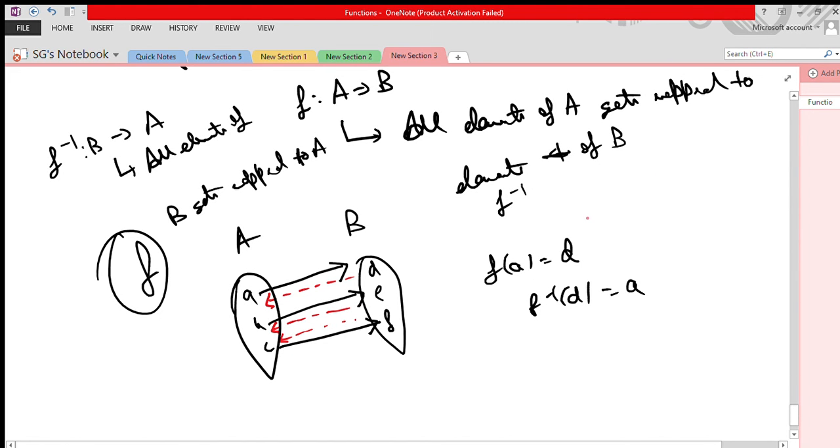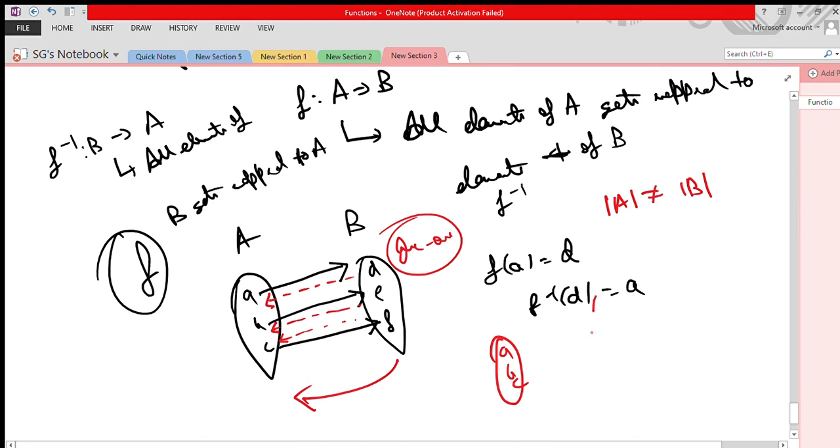Now just see from here that if the orders of the two sets were not the same, they could have been 1-1, but they could not have been onto, because then the inverse function would not have existed. Because if you have this set like this, say A, B, C, and here you have D, E, F, G, and A gets mapped to D, B gets mapped to E, and C gets mapped to F, and G is the element in the set B which has no pre-image, then you cannot define the inverse function, because there is one element in B which is not getting mapped.